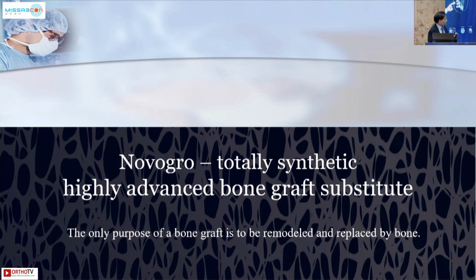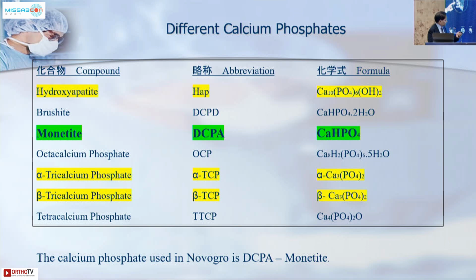And sometimes when the movement is very hard, it breaks, and you won't be able to identify that there is a non-fusion. So in NovoGro, they use the product called monotite and the calcium phosphate DCPA, which is anhydrous calcium phosphate.